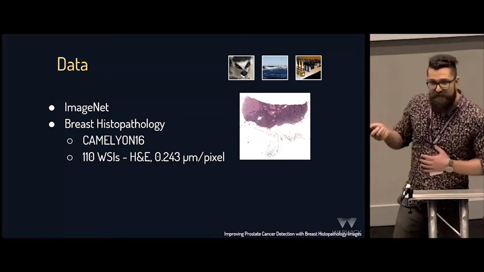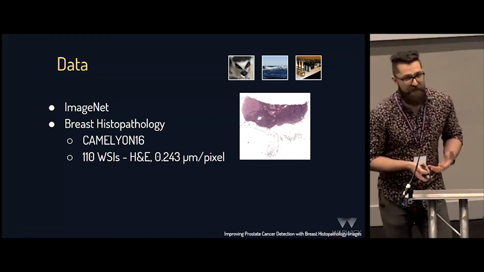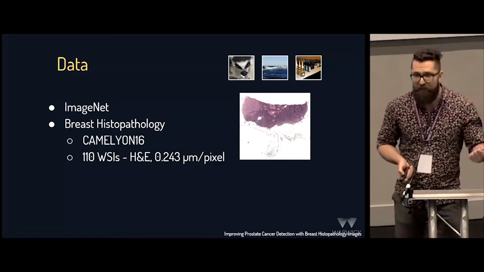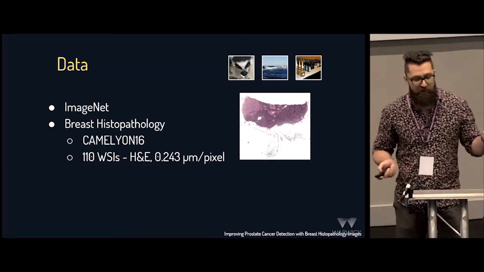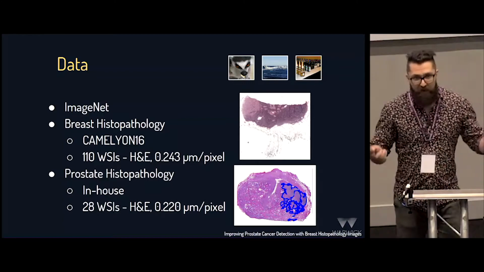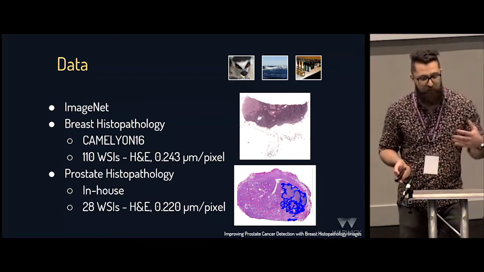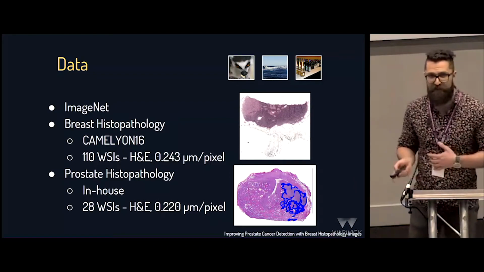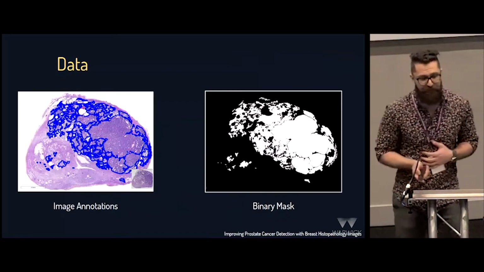But for the breast tissue images, we have used the Camelyon16 data set. It is open to the public, well annotated, and it's a large data set of 110 whole slide images. And we have our own actual problem data set of prostate histopathology slides, 28 slides from Helsinki University Hospital. Both are H&E stained.